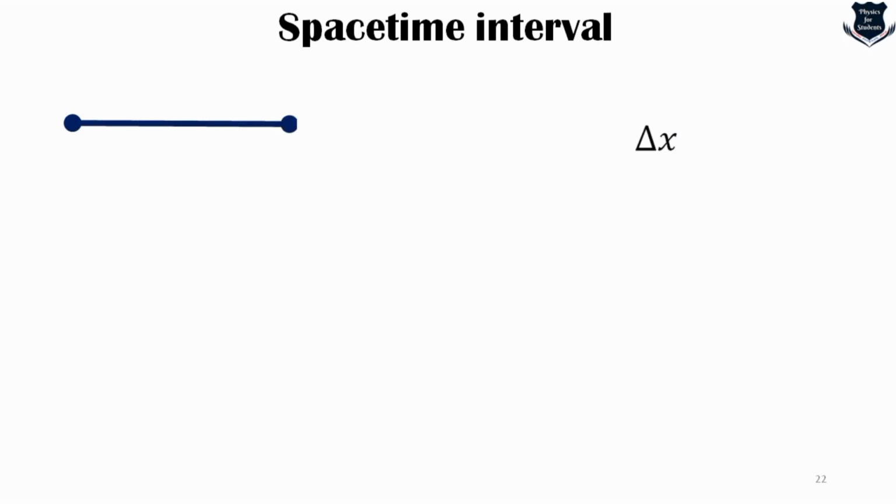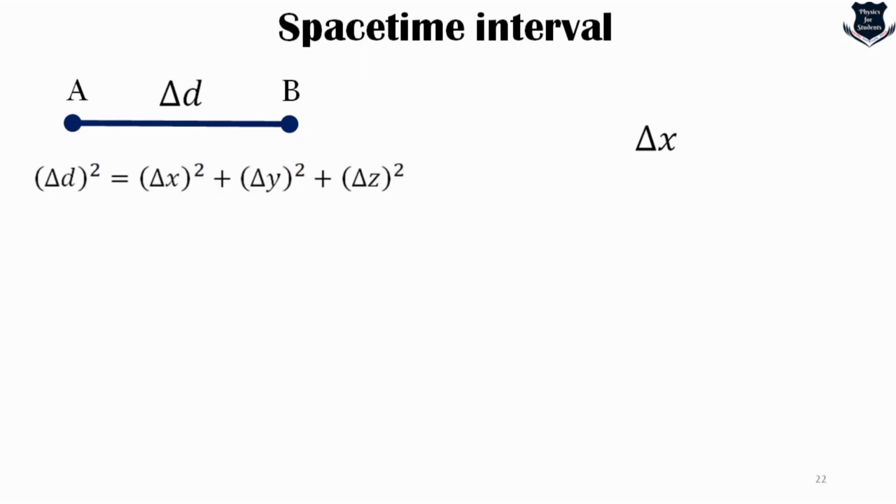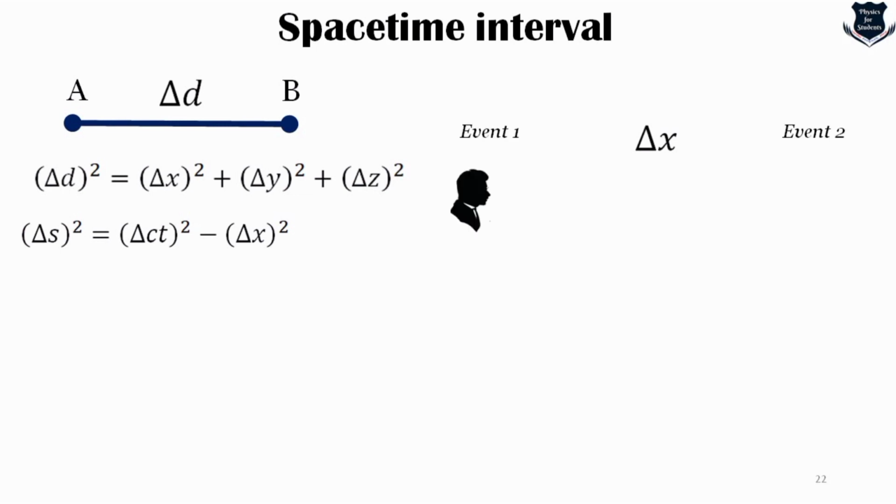Okay, so here is something which we consider in 3 dimensions. Here are two events A and B, and this is delta D, which is the distance, and in 3 dimensions the distance delta D can be written like this, which can be further written as delta S squared equals delta CT squared. Here are the 2 events which are separated by delta X. I know I should have written delta X a little bit later, but anyway it doesn't matter.